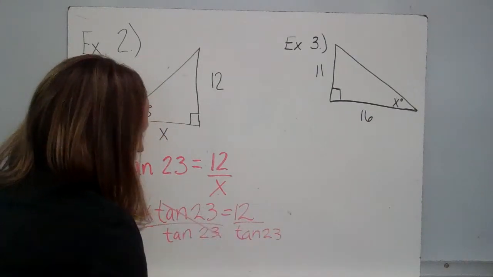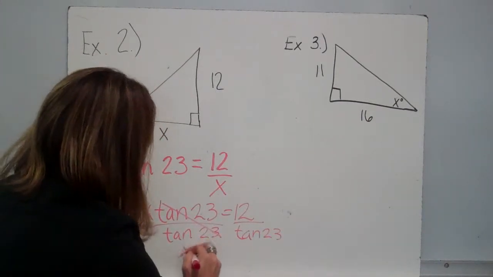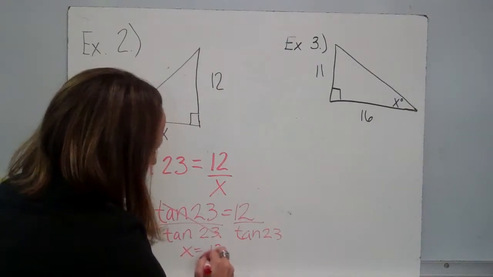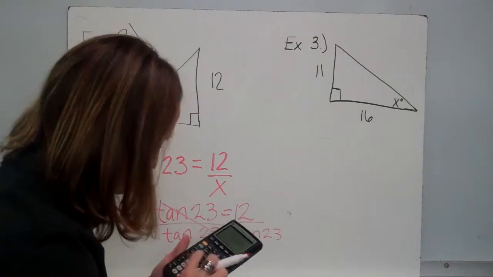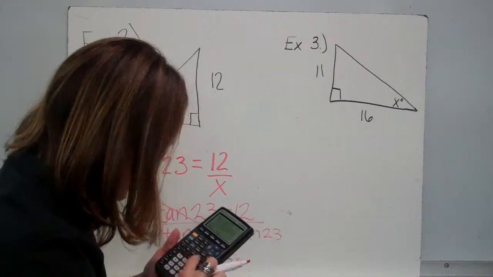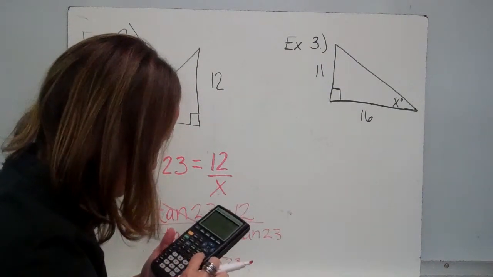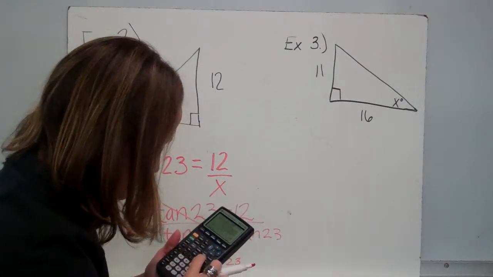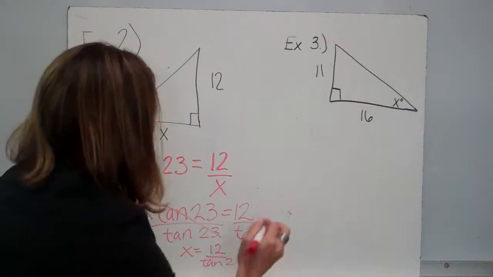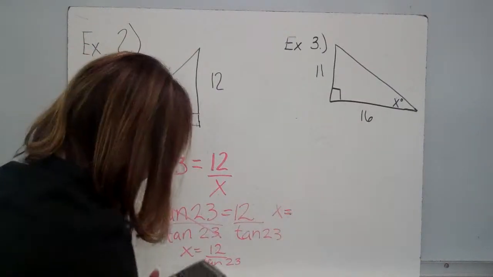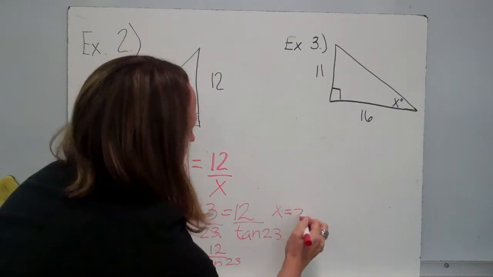So we divide by tangent of 23, and we get x is going to equal 12 over the tangent of 23. So 12 divided by tangent of 23, x equals 28.27.